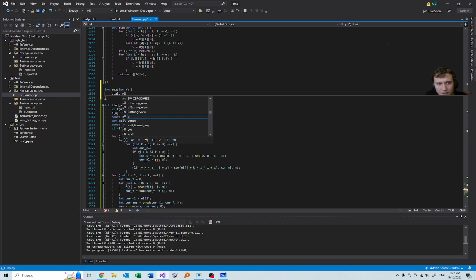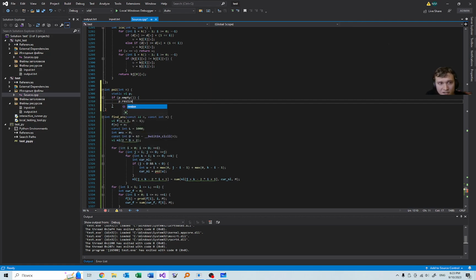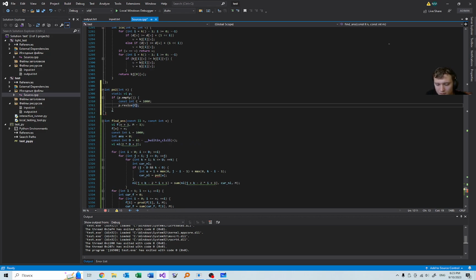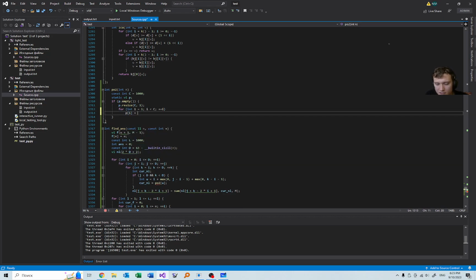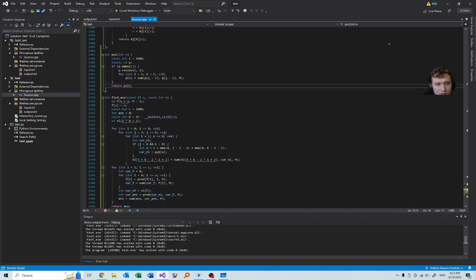So static vi p, if p is empty, then p dot resize like c, 1 here, and we go from i equals 1, i is less than c, plus plus i. p i is sum of p i minus 1 and p i minus 1 modulo m. And then we return p n. So this is power of 2 of u.